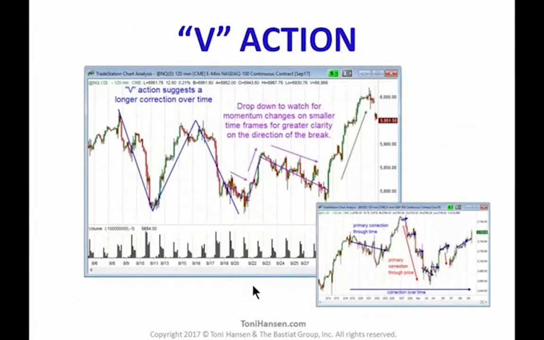So if we go and look at what typical momentum looks like, how do I determine what a typical momentum move is compared to a shift in momentum, which can tell me that I'm more likely to get a breakout or a reversal? A typical momentum move would be if you go and look at the security that you're trading and you look at the back and forth action where you get these V pivots back and forth.